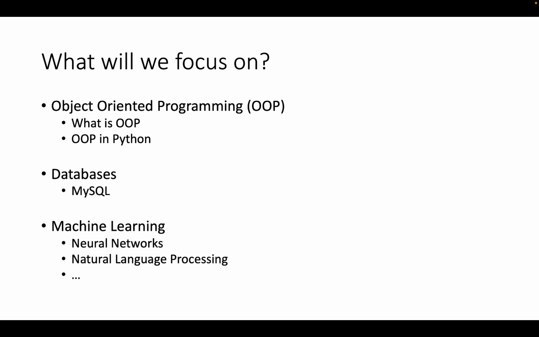But I'm going to touch on these and just show you what they are. And hopefully these are, my experience tells me that these are the more important and more demanding topics in today's job market. Hopefully you will find it useful as well.